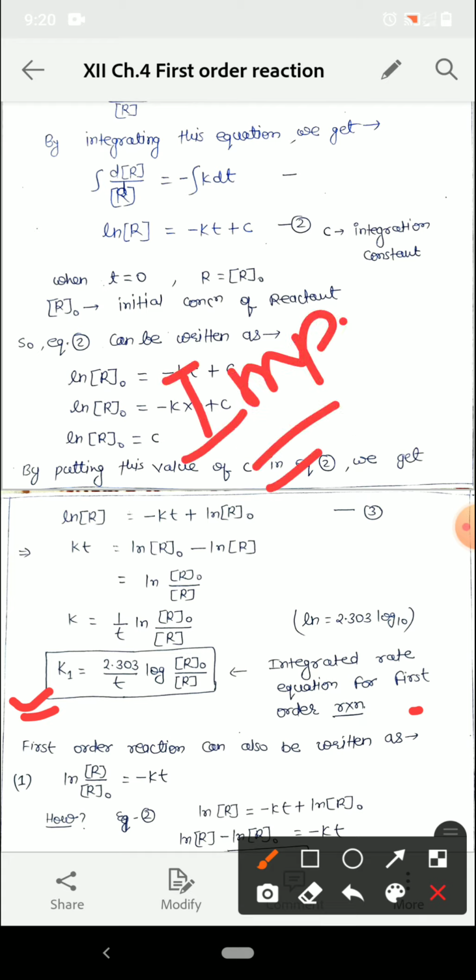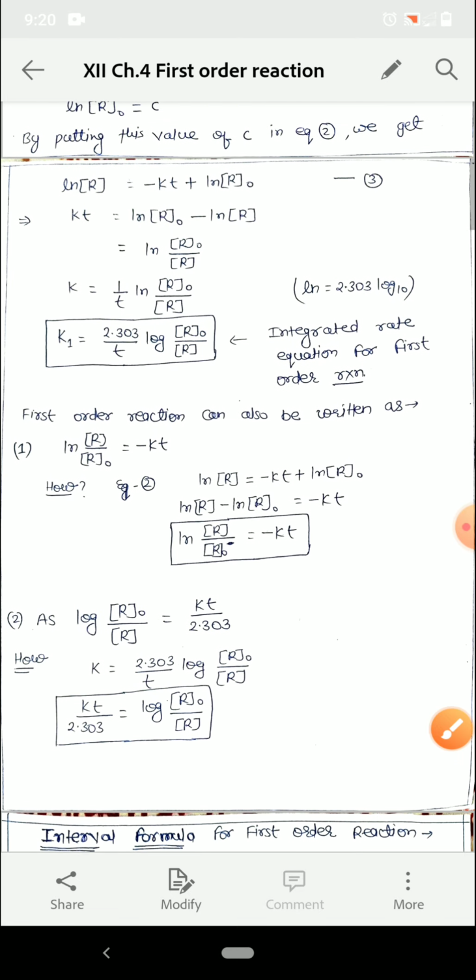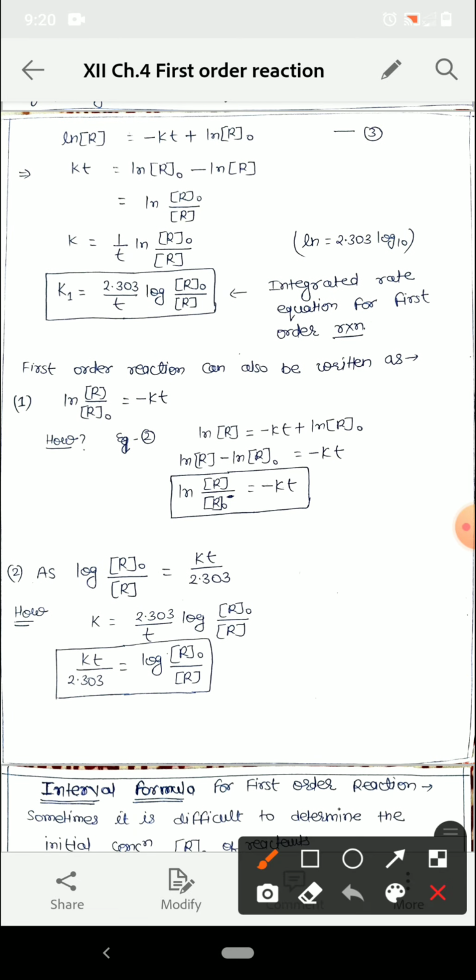Okay, so now the first order equation can also be written as ln R upon R naught is equal to minus kt. How? You can check here, and we can also write log R naught upon R is equal to kt upon 2.303. These two equations are the same as this equation, but generally we write this equation in these two more forms, and you can understand how these equations are possible.